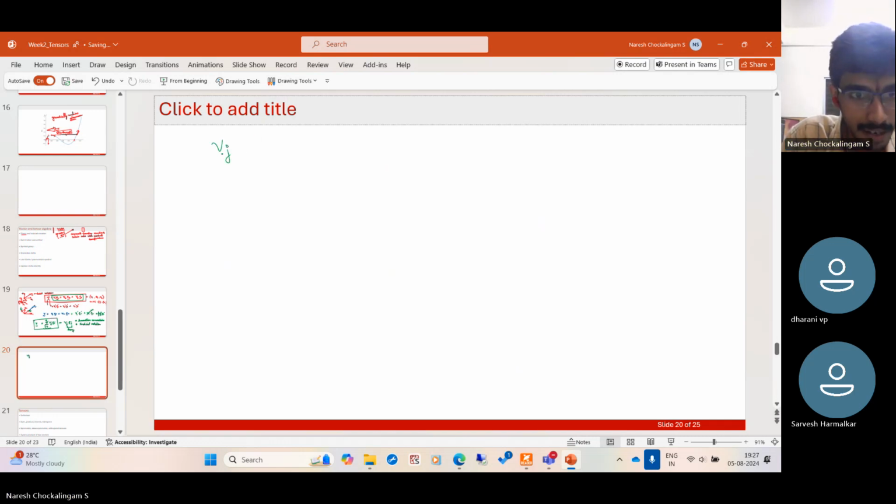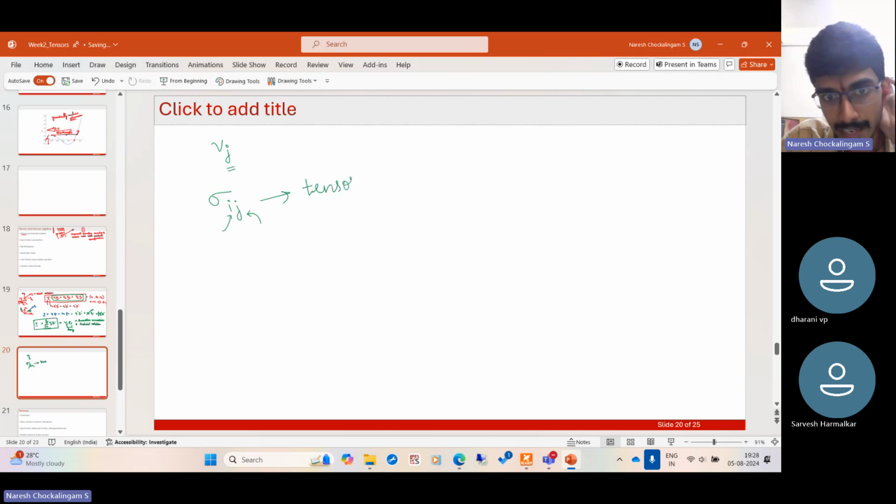So this is a vector. Similarly, a tensor, say the stress tensor, has two indices, sigma ij. One index is the direction of the normal to the plane, and the other index is the direction of the component which you're looking at. So these have two indices, and these are in general tensors, although we'll define a tensor shortly.